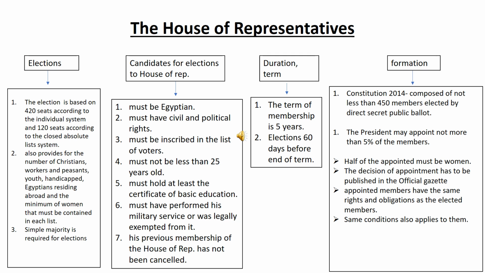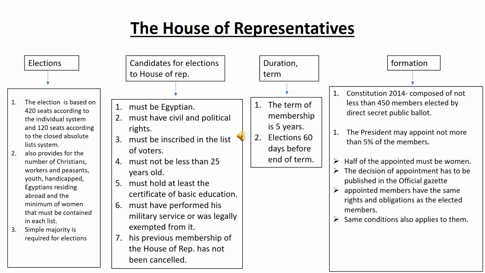The majority of the election, which is the 420 seats, is made according to the individual system, which means each potential member of the House of Representatives is a person who is going to be elected to the seat only by his own, not related to a certain party, and 120 seats according to the closed absolute list system.